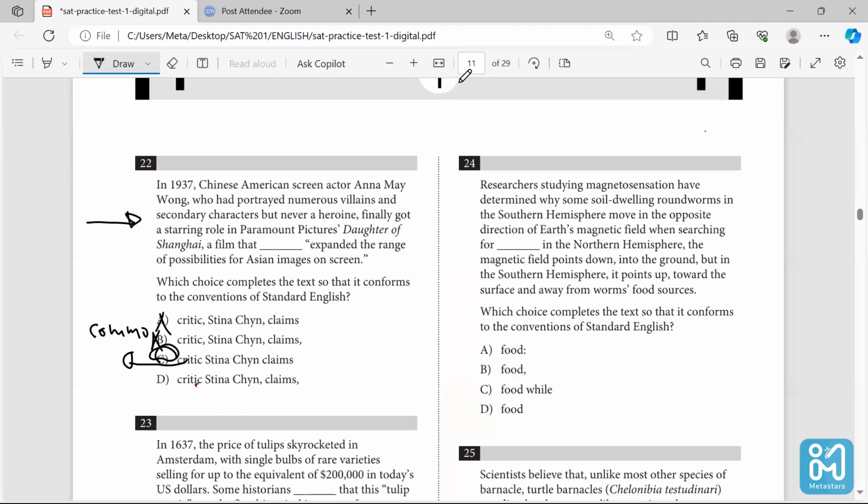As a rule, a common noun does not need a comma, take it as a rule. It is not non-essential. This is essential.